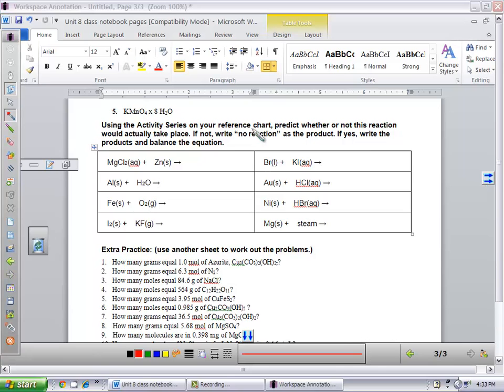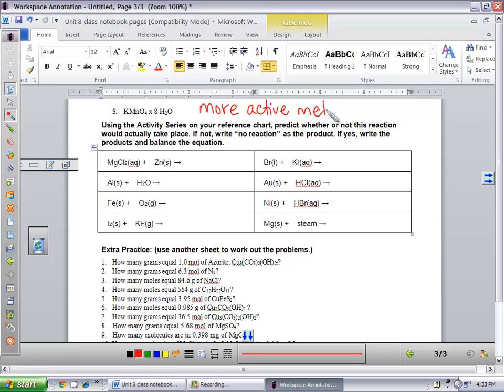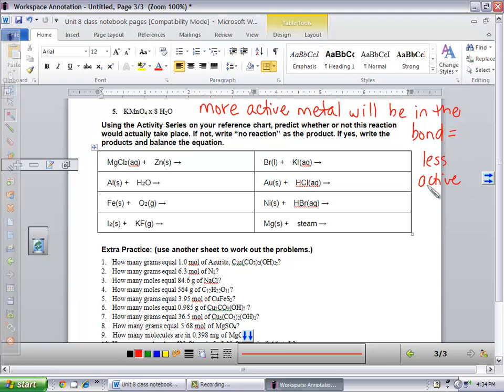Basically, what you need to remember is that the more active metal will be in the bond. Okay? So if it's more active, it's going to end up in the bond, which means the less active metal will be alone.